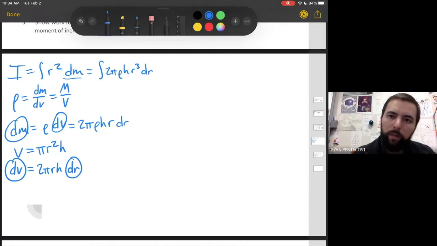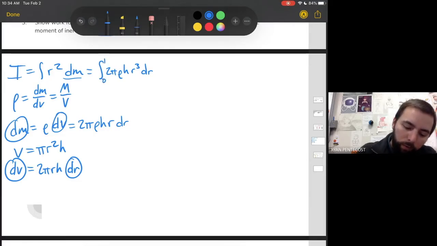Now, there are two ways to do this problem, and I'll see if I can get through both of them in a timely manner. You can either substitute for density early on, or you can do it after you do your integral. I'll do it the way I would naturally do it, which is after the integral, but you can do it before the integral as well. So our bounds will be from 0 to radius r.